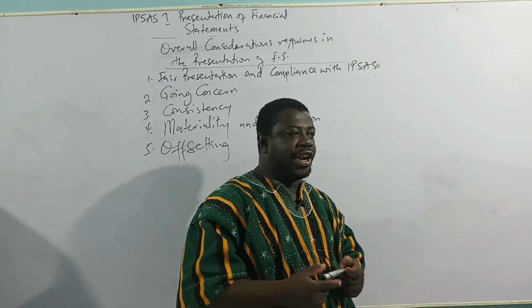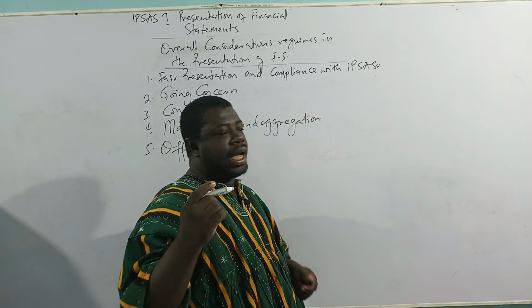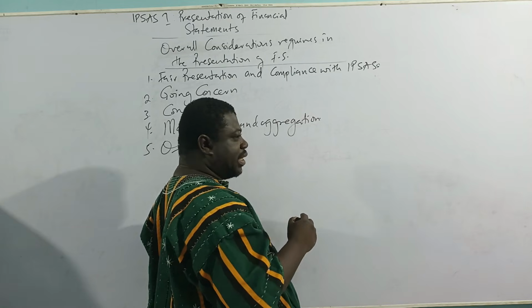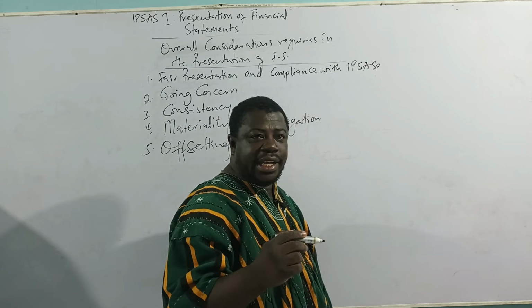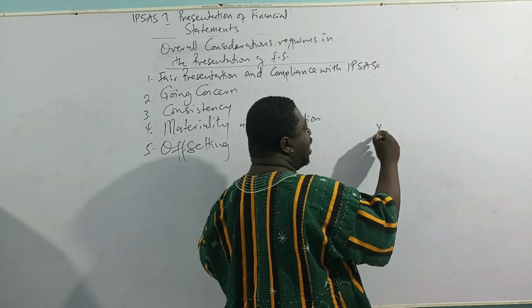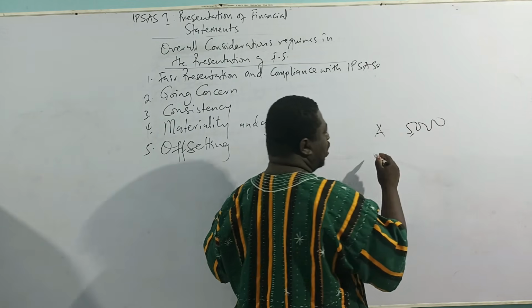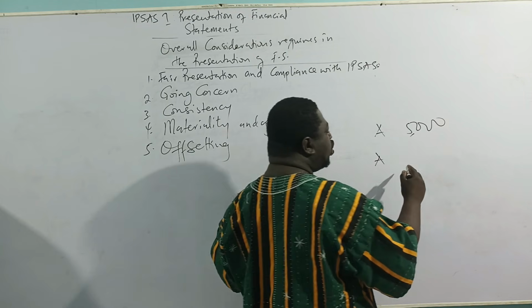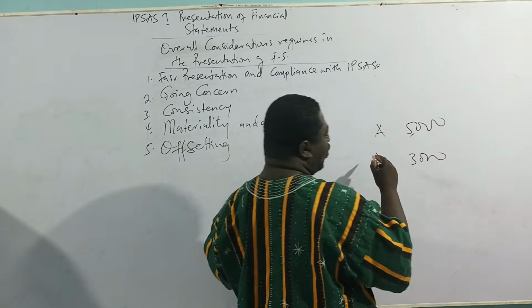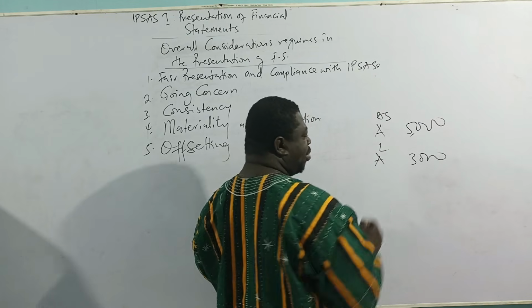You know, I have seen financial statements where, let me say, the entity owes customer A 5,000. And then customer A, the same customer A, also owes the entity 3,000. Now, this is an asset, this is a liability.